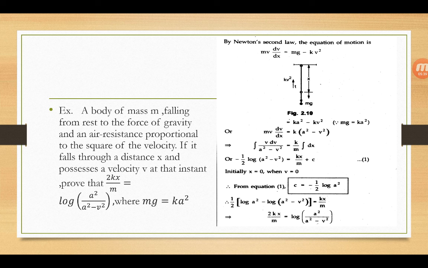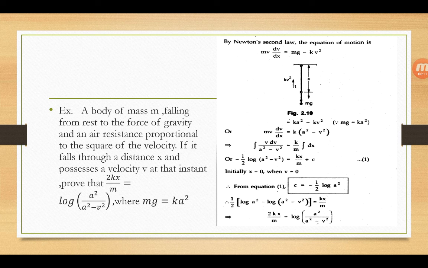Integrating this equation and solving that integral, we get the integration of v upon a square minus v square as 1 by 2 with a negative sign ln of a square minus v square. And integration of the RHS is k by m constant, integration of 1 is x plus a constant of integration.